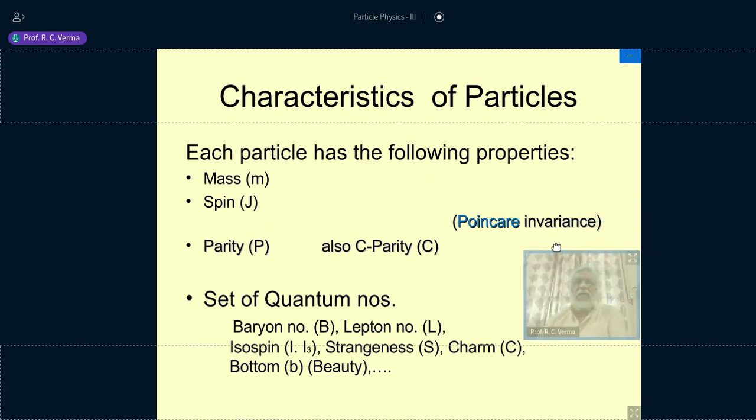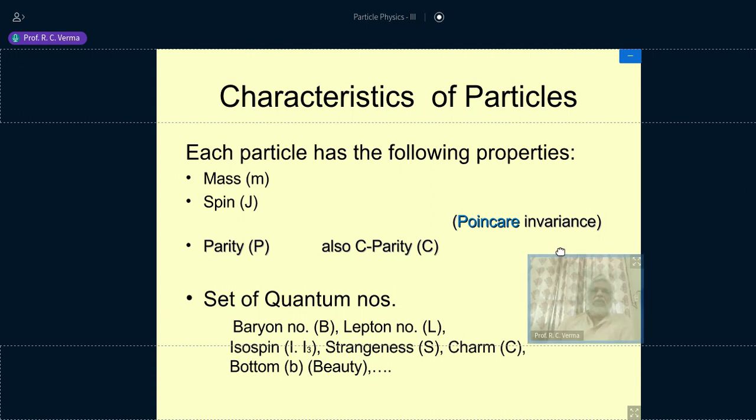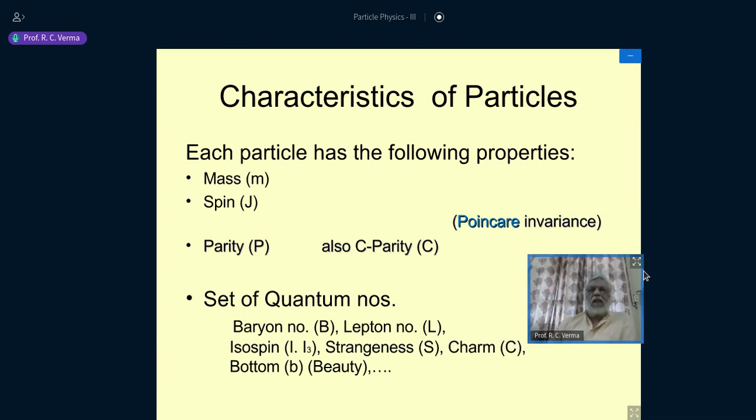So we first have to remember how we write these particles. What are the characteristics, properties of these particles? Each particle has a mass. Very rarely, photon-like particles don't have mass, but most of the other particles, particularly the matter particles, carry mass.